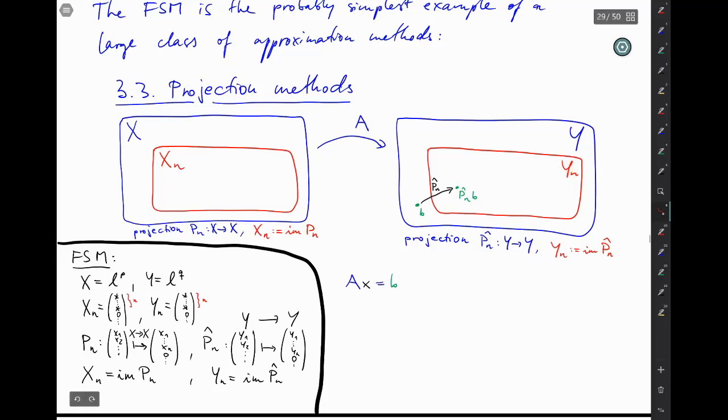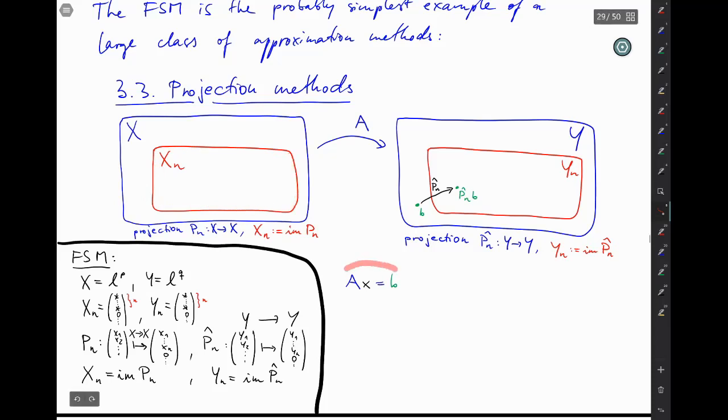Now, instead of aiming for b starting from somewhere over here in X, you're now aiming for this new point Pn hat b, starting from somewhere over here in X. Or even better, you want to start in this subspace Xn, because you only want to work on these subspaces Xn and Yn.